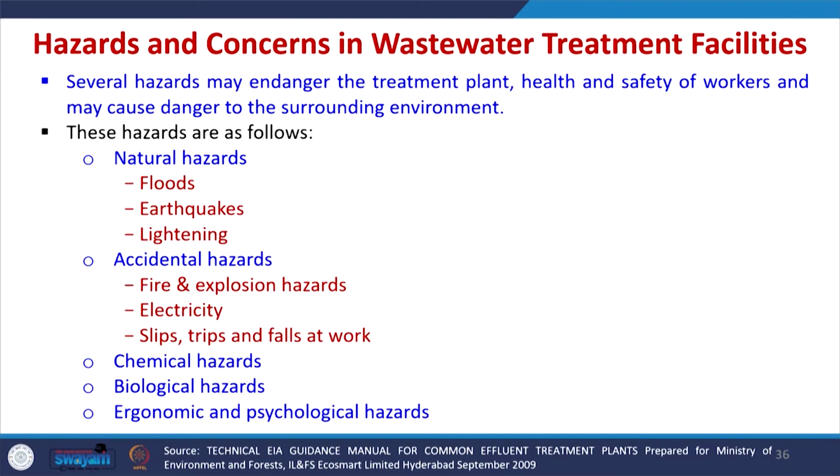Now, there are some hazards and concerns in wastewater treatment facilities that may endanger the people in the treatment plant, so they have to take care of these hazards. These hazards may be natural hazards: floods, earthquakes, lightning, etc. Then accidental hazards; remember, in many places anaerobic conditions prevail.